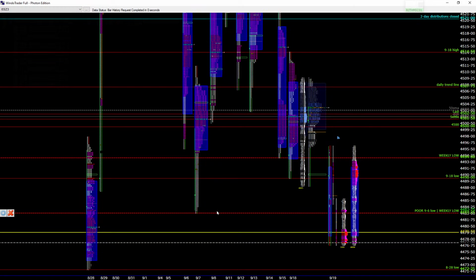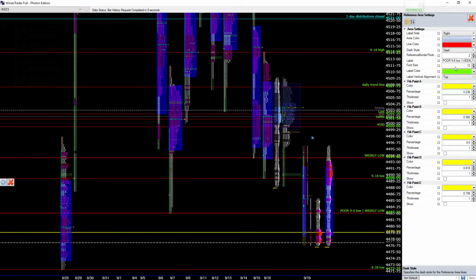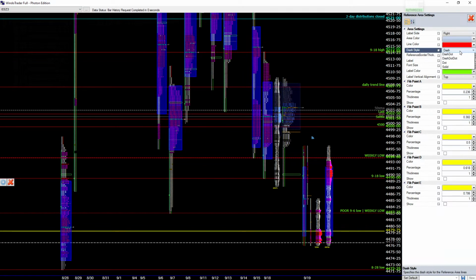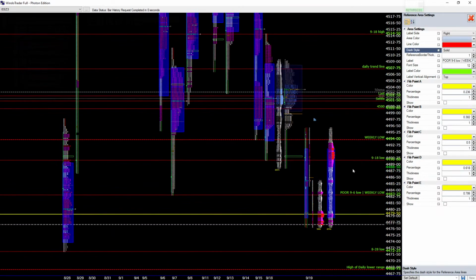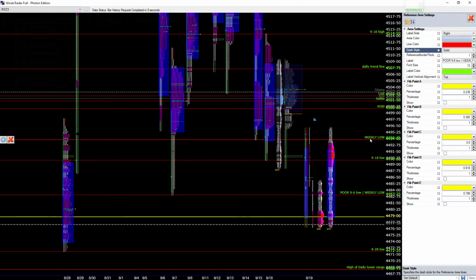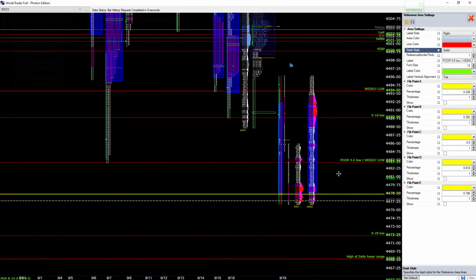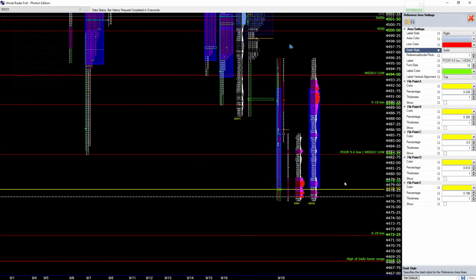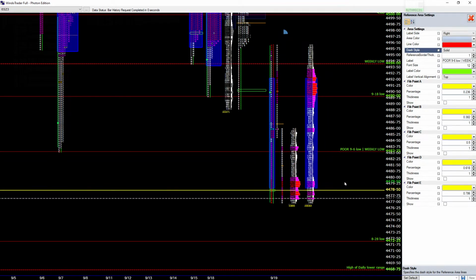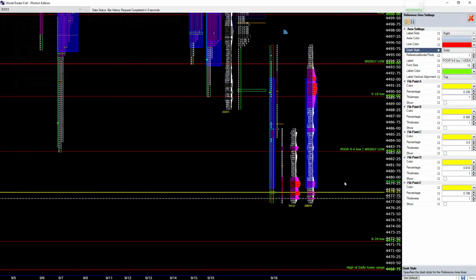What is more relevant is this weekly low. The action remains to the downside relative to yesterday. This is a continuation of yesterday's action.